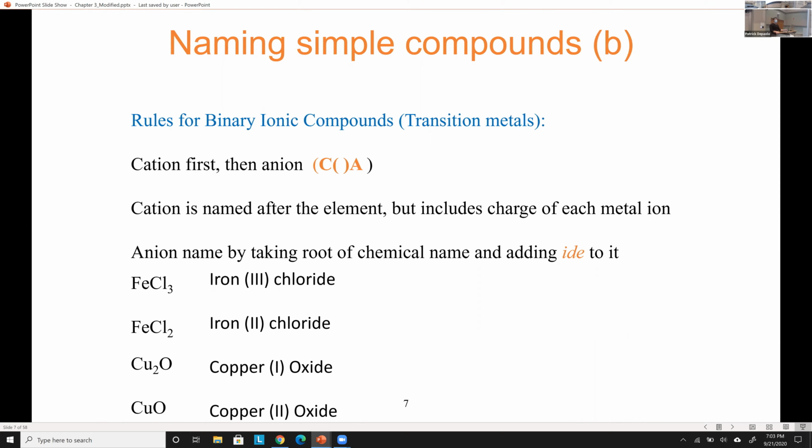And there's only 1 copper to distribute that charge into, so it would have to be +2 for that 1 copper. Any questions about that? About transition metals? No? Okie dokie. Moving on.